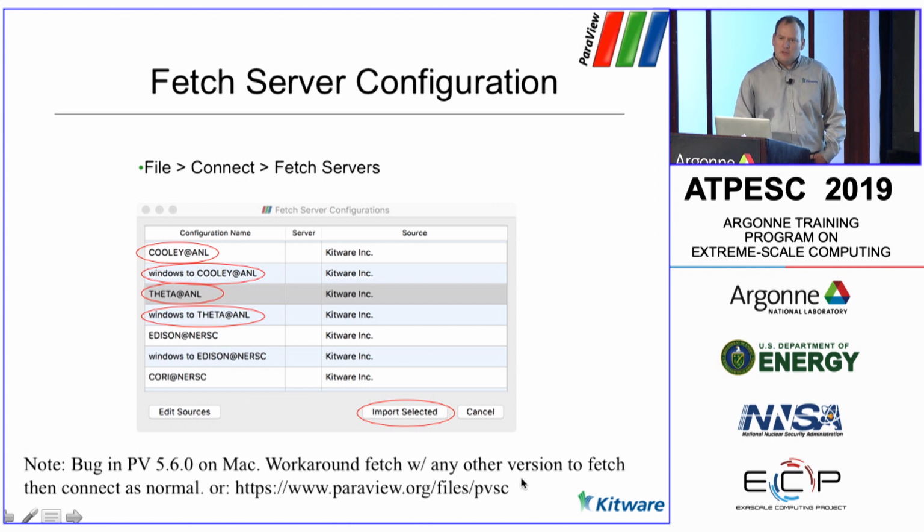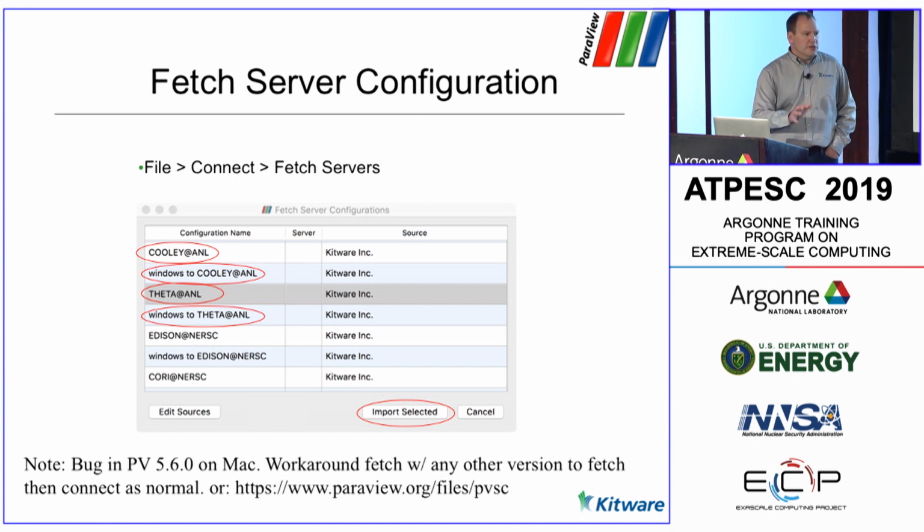If you set up ParaView at your home institution and you want us to make it easy for people to connect to it, let me know, and I can put your connection information up here. But once you fetch servers, pick either Cooley or Theta. I think Theta isn't reserved today, so Cooley will work better. At Argonne, either for Windows or not, and say Import Selected.